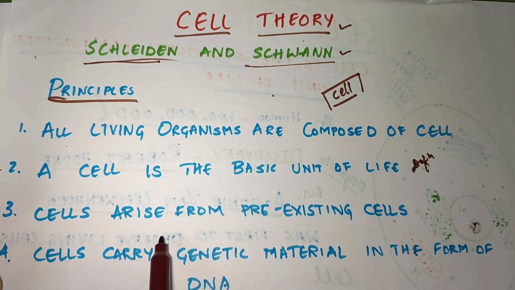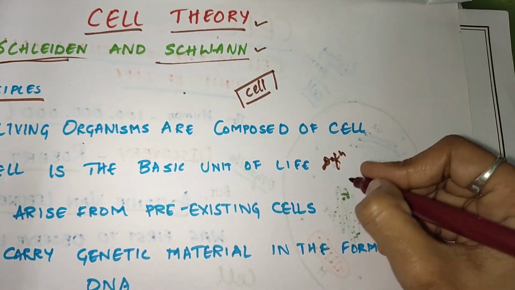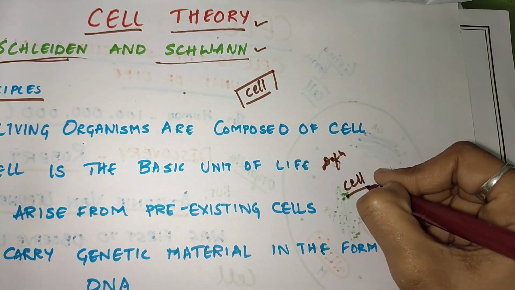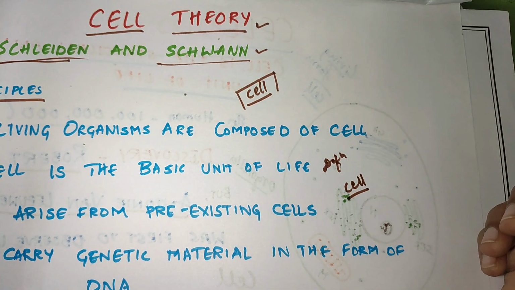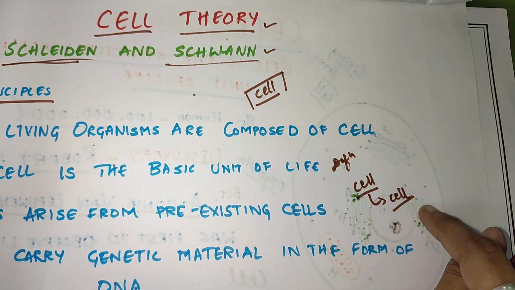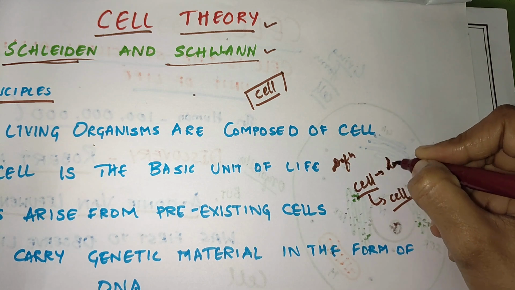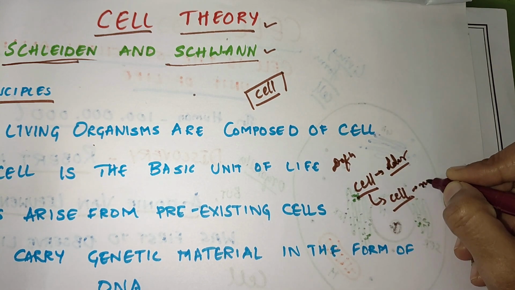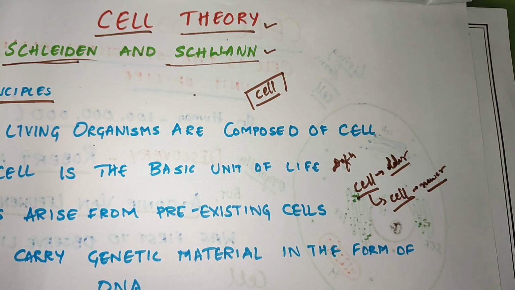And cells arise from pre-existing cells. That means, let's say there is a cell, okay? एक सेल है, इस सेल से हमें एक और सेल मिलेगा. That means जो हमारा older सेल था उससे हमें newer सेल मिलेगा. Okay, simple.